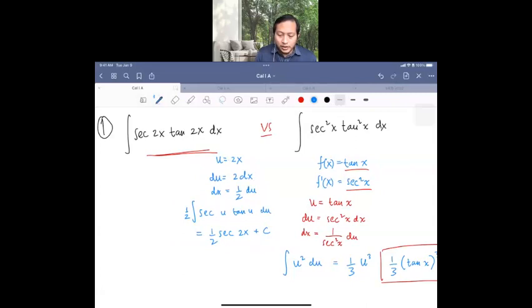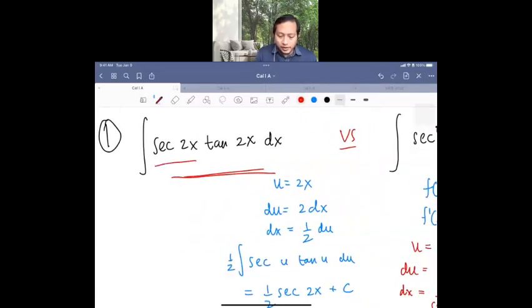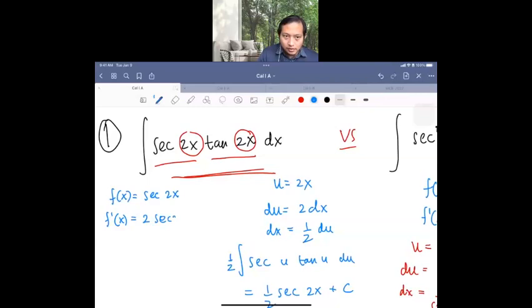Or again, we can do the advanced guessing. So we have secant 2x, tangent 2x. It has the same 2x, right? So if you remember, if we have secant 2x and take the first derivative, this will be 2 secant 2x tangent 2x, and this 2 is from the chain rule.